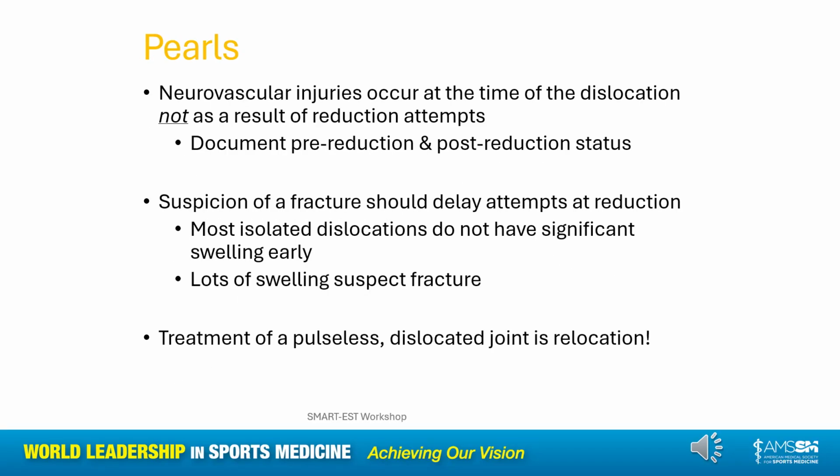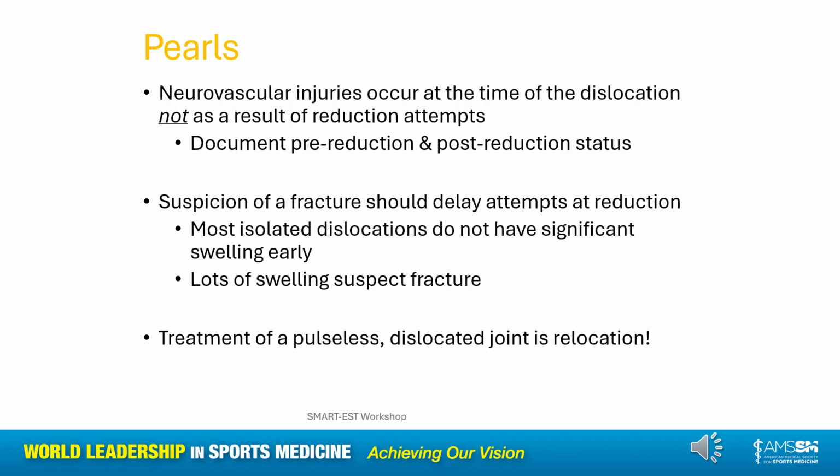The research has shown that neurovascular injuries occur at the time of the dislocation, not as a result of the reduction attempts. But that's why it's important that you document your pre-reduction and your post-reduction neurovascular status. Suspicion of a fracture should delay attempts at a reduction.